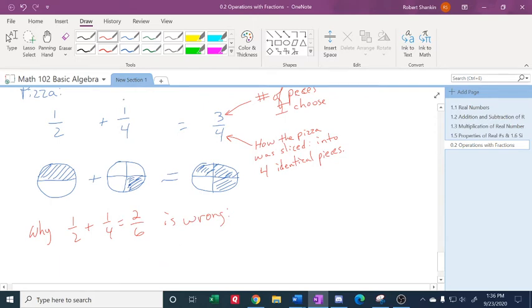It's because we had different size pieces.